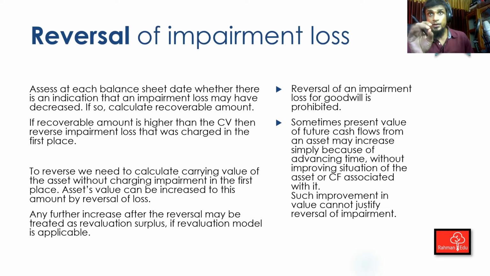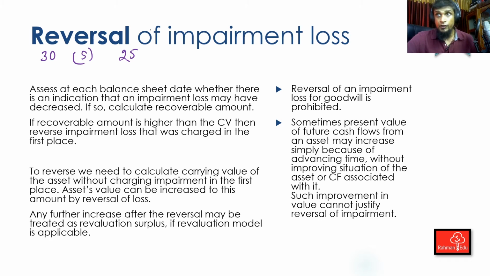Now once we have charged the impairment loss, like 30, 5, 25 last year, this year we need to review whether there is an indication that the impairment is reversed or not, whether the value of the asset is increasing or not.